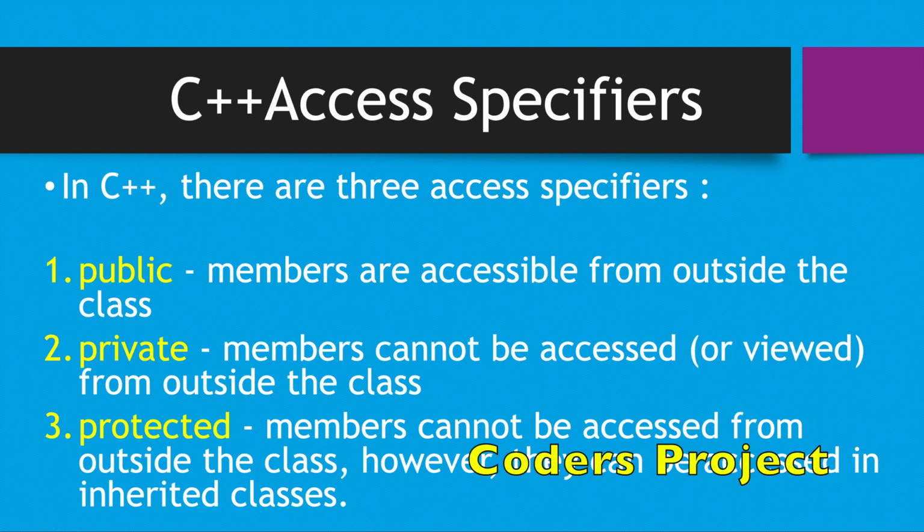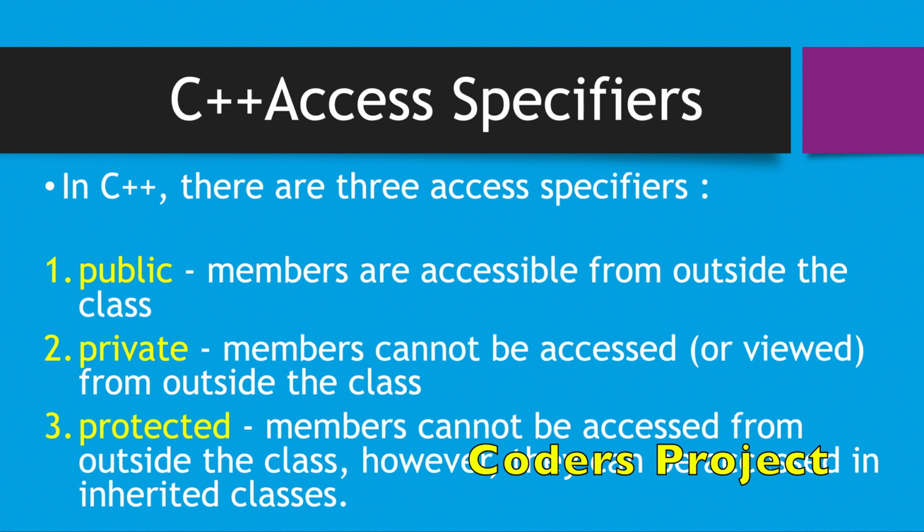So what do access specifiers basically do? Access specifiers define how the members, which are the attributes and methods of a class, can be accessed. Let's just jump on to the example. There are two types, public and private, which I'm going to be taking right now. Public members are accessible from outside the class, and private members cannot be accessed from outside the class.